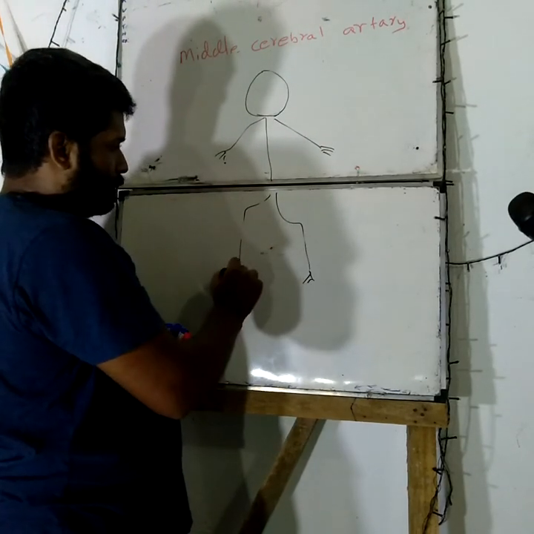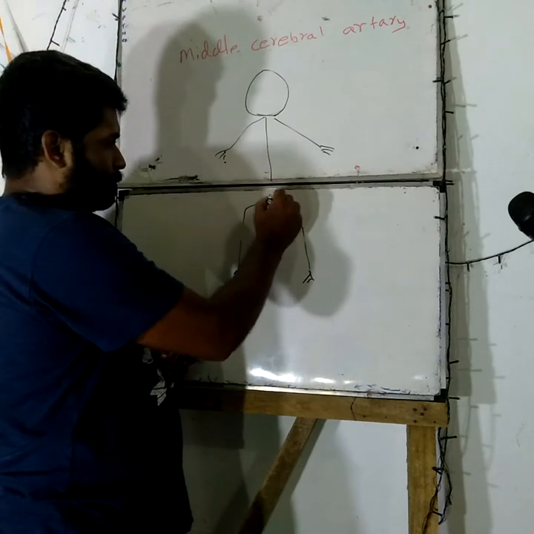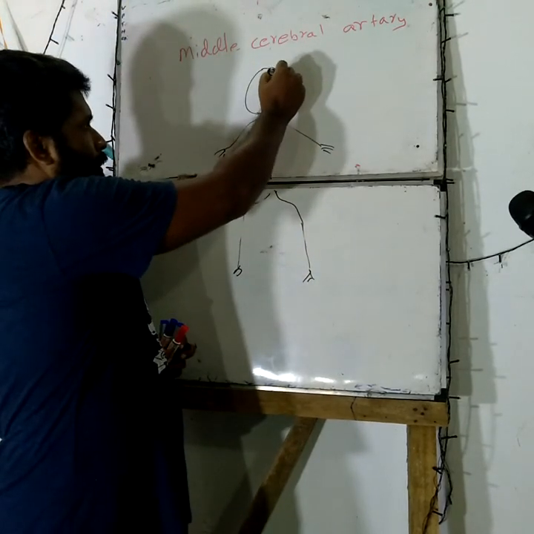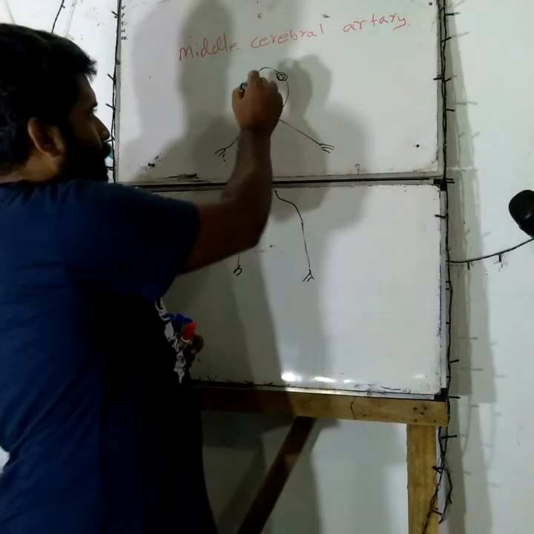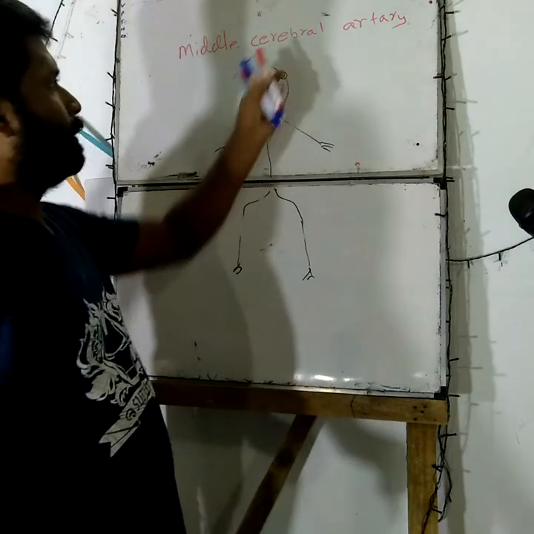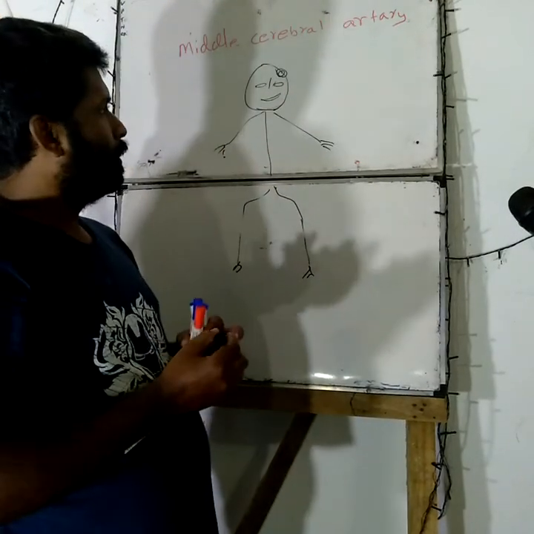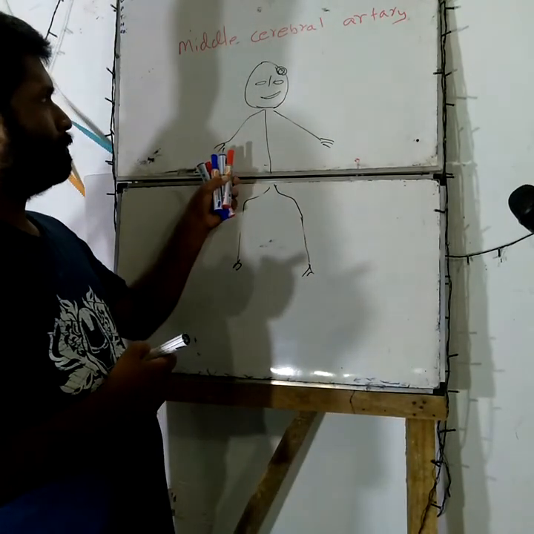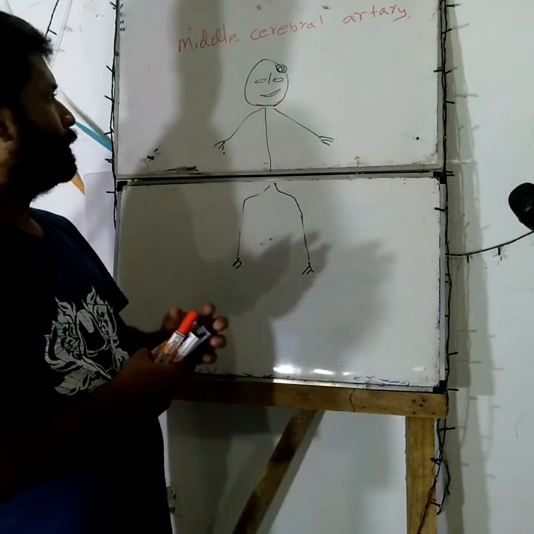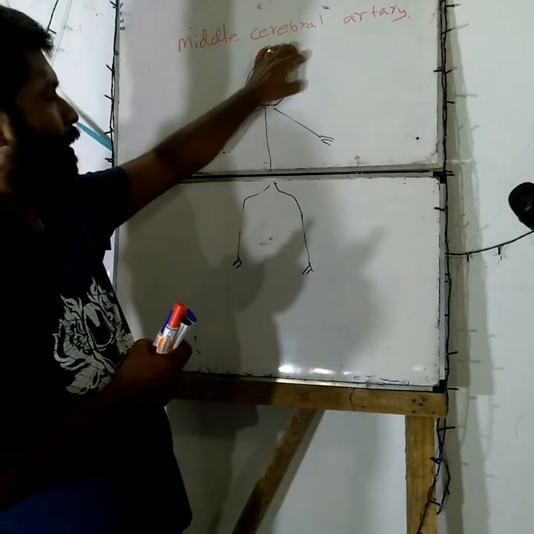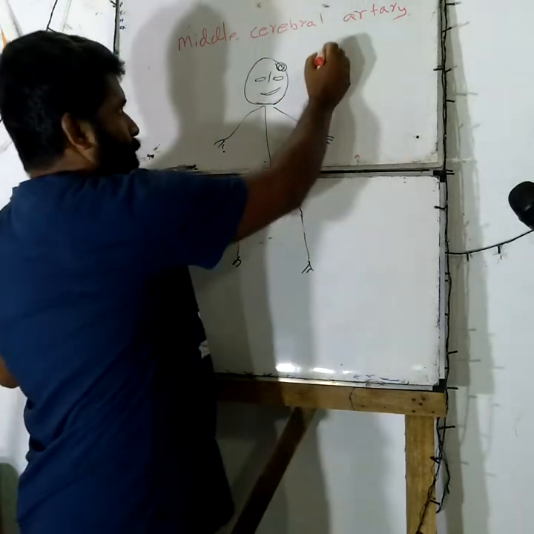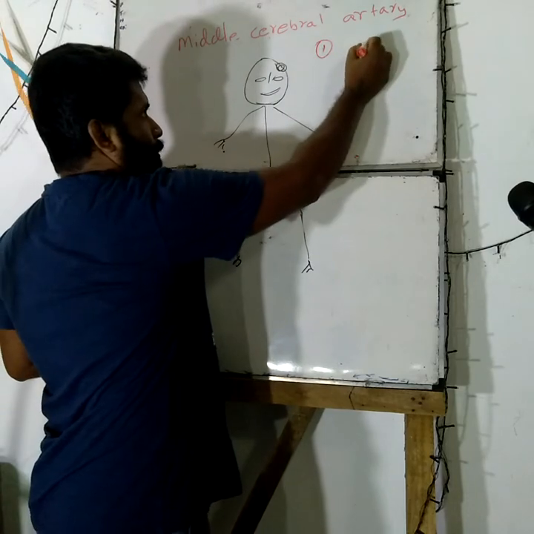This is the leg. The dominant area, we know the dominant area: right arm, left side brain damage. Due to left side brain damage, we are going to talk about the first patient.